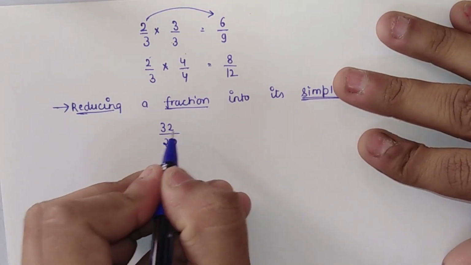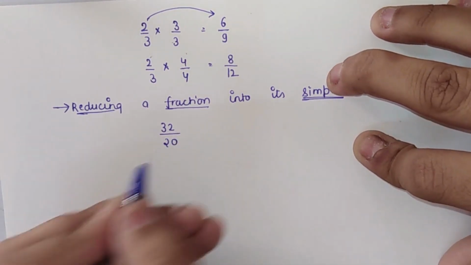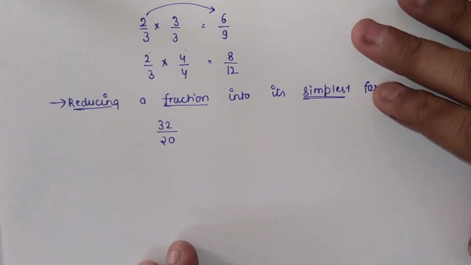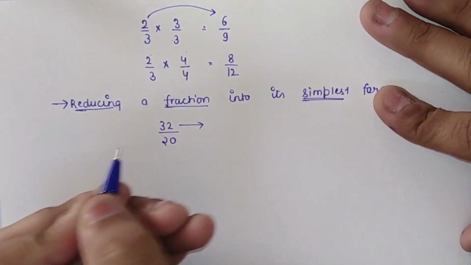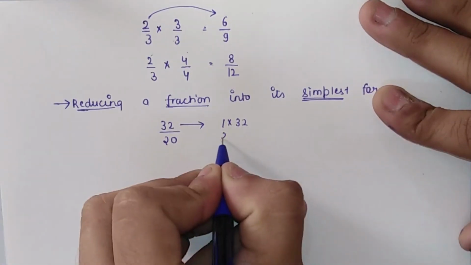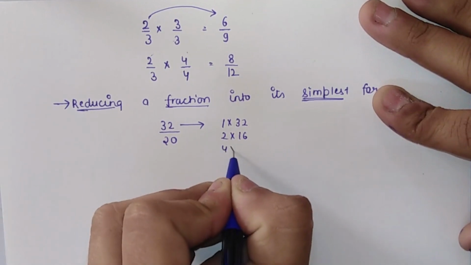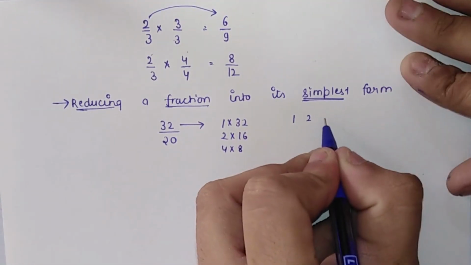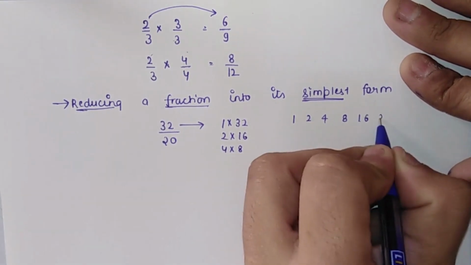Right now, 32 and 20 have more than one common factor. If I write the factors for 32, it will be 1 times 32, 2 times 16, 4 times 8, so the factors are 1, 2, 4, 8, 16, 32.